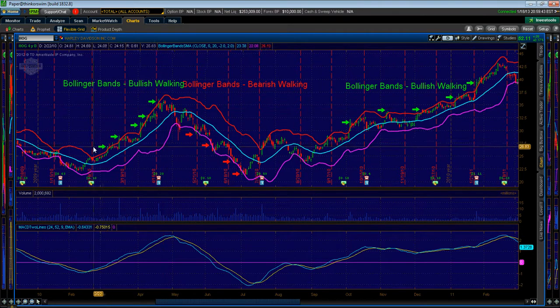And he didn't necessarily say that a move outside of the bands is an automatic reversal, but what you can take note of is that when it tags an upper or lower band, it takes a lot of buying or selling pressure to do that. So in this scenario, you can see this first tag right here.